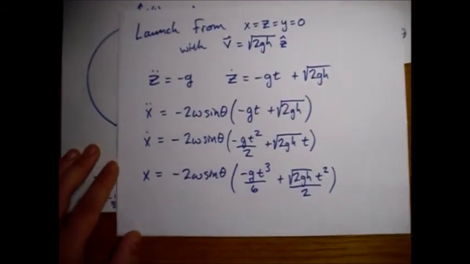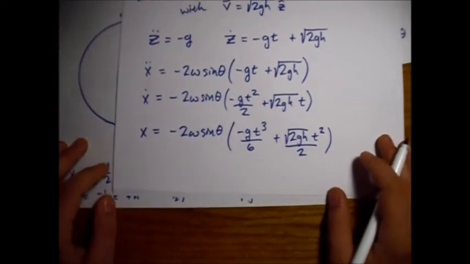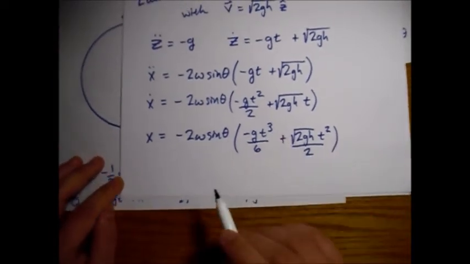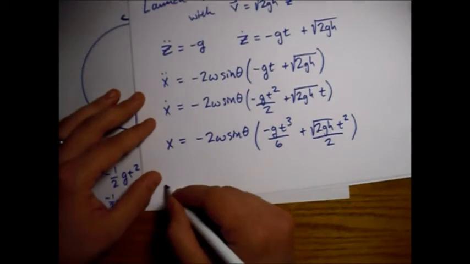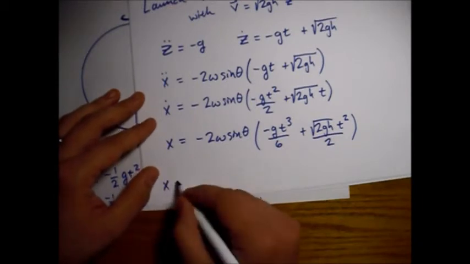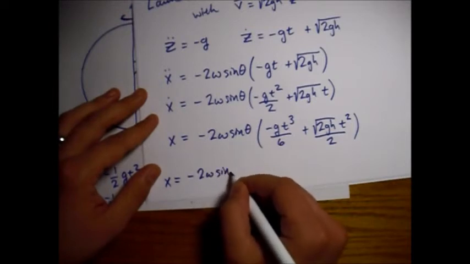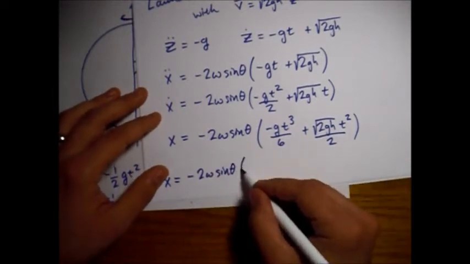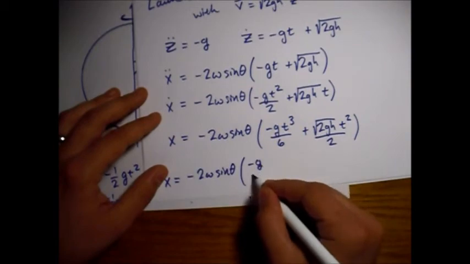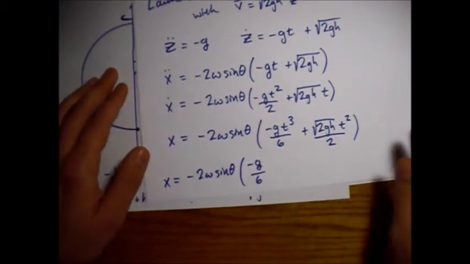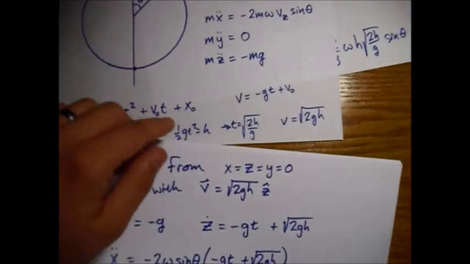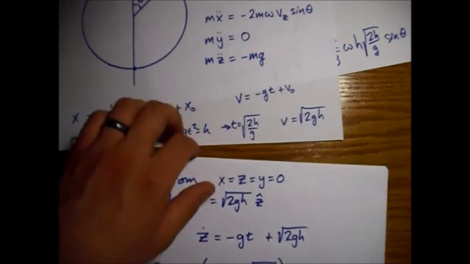All right. So now what we need to do is just plug in our t. And I hope there's enough room here. Okay, so when we put in the t cubed, we'll just get what we got before.